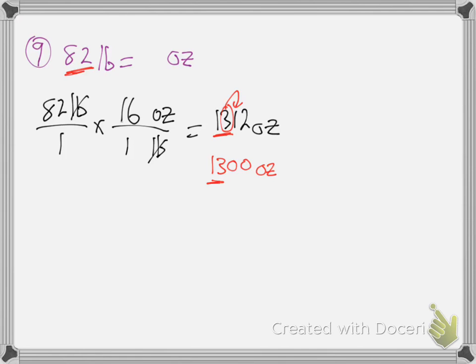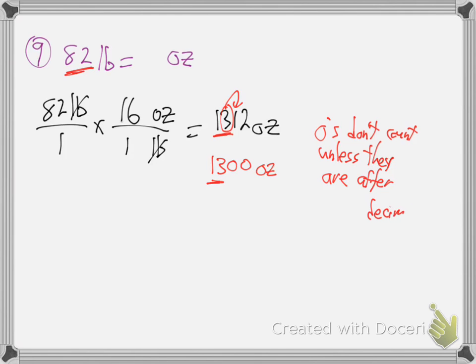Those zeros are not significant. Zeros don't count unless they are after the decimal. Is that making sense? So that's a 2 significant digit number. 1,300 ounces on number 9.